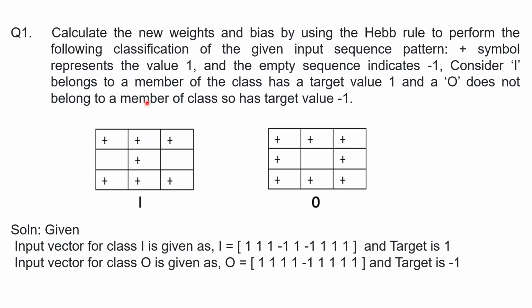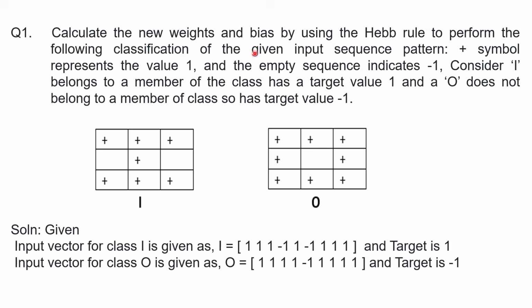Consider I belongs to a member of the class and has a target value 1, and O does not belong to the class so has target value minus 1. The given sequence pattern for class I is plus plus plus empty plus empty plus plus plus. Similarly, for class O, the given sequence pattern is plus plus plus plus empty plus plus plus plus.